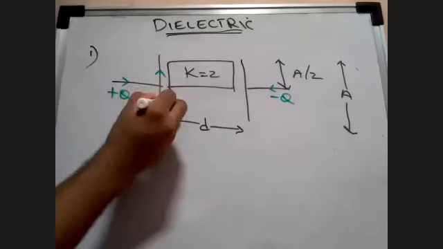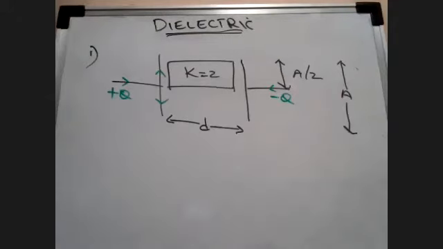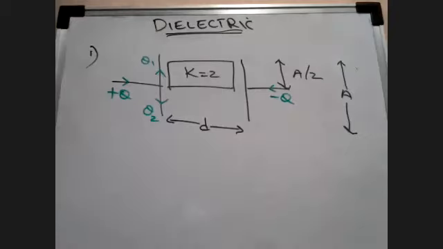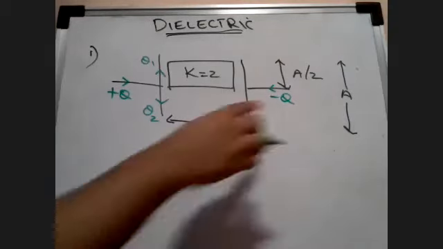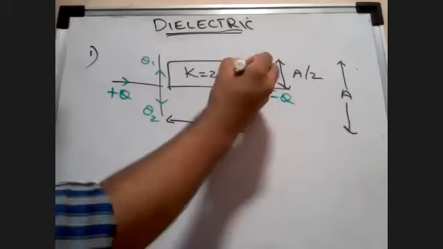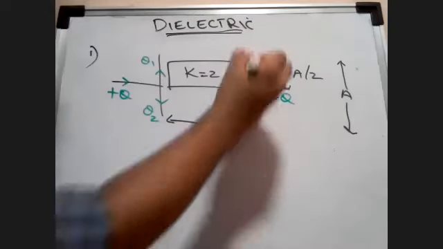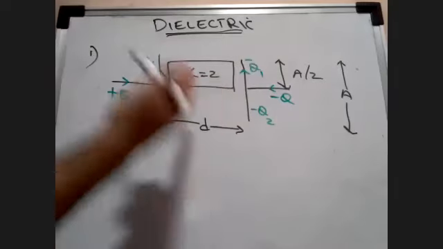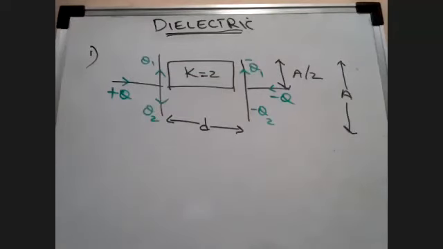You all can imagine, right? It's going to split into Q1 and Q2. Similarly, over there, minus Q will split into minus Q1 and minus Q2. So if the charge is splitting, what does that mean? That means the parallel connection.